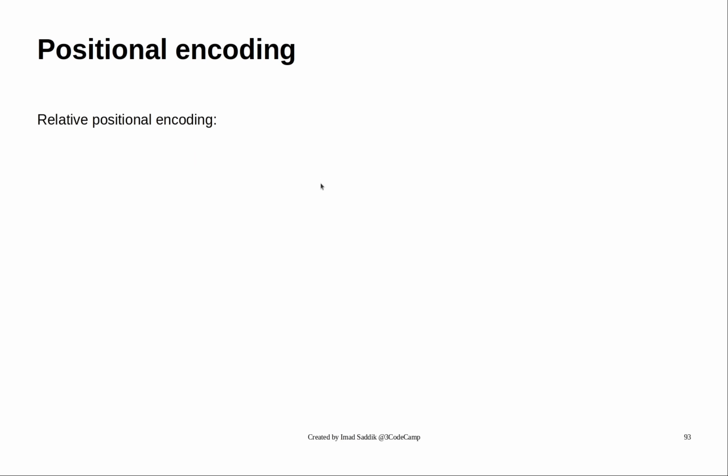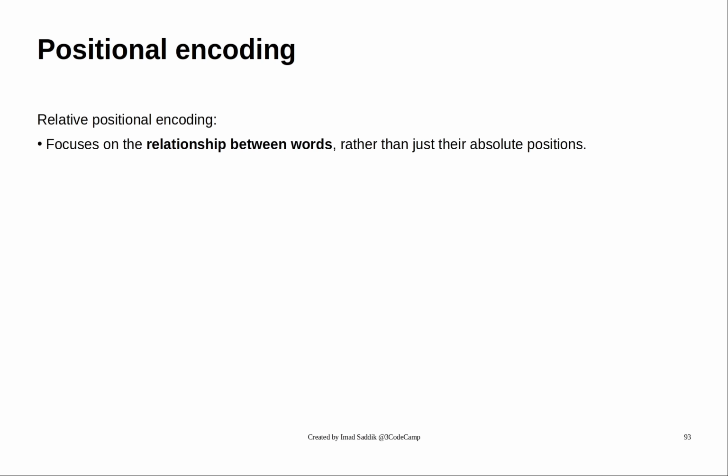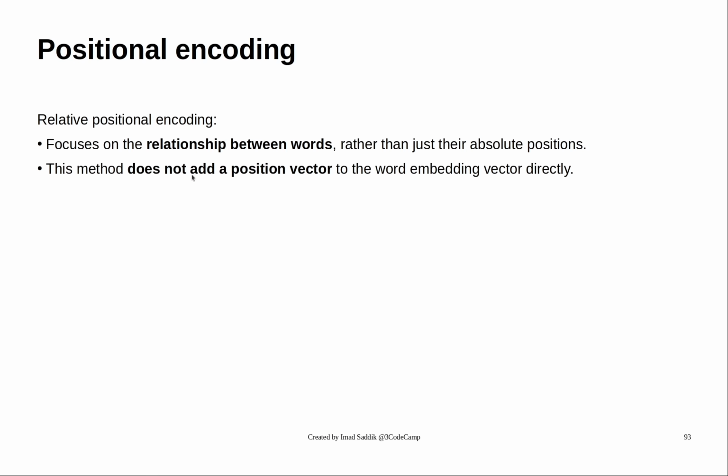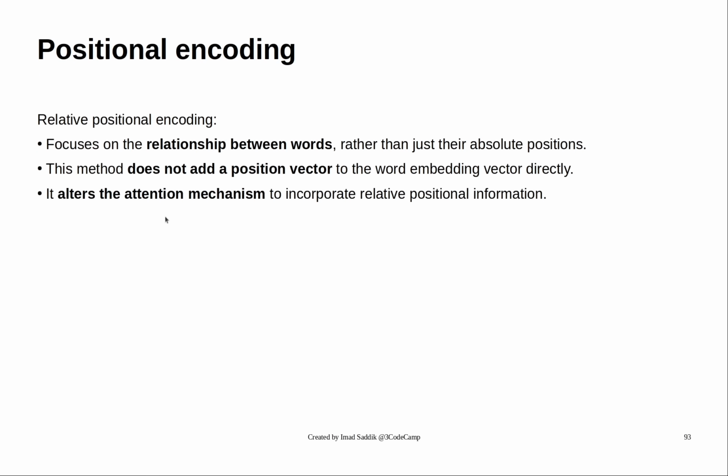Let's move on to relative positional encoding. Instead of focusing on where each token is in the sentence, this method cares about how far apart tokens are from each other. This method does not modify the embedding itself. Instead, it changes how self-attention works by including information about the distance between tokens.